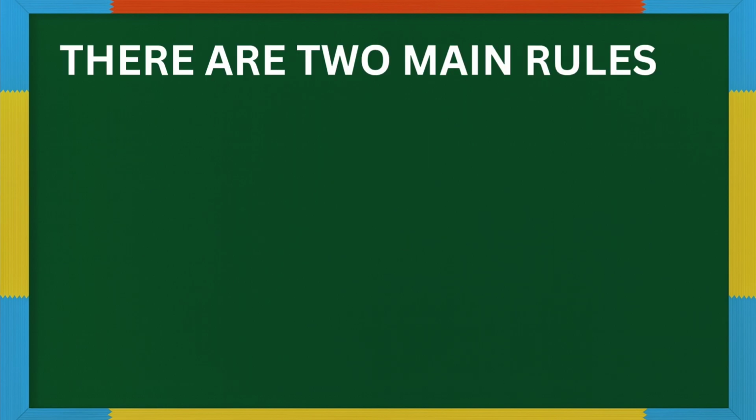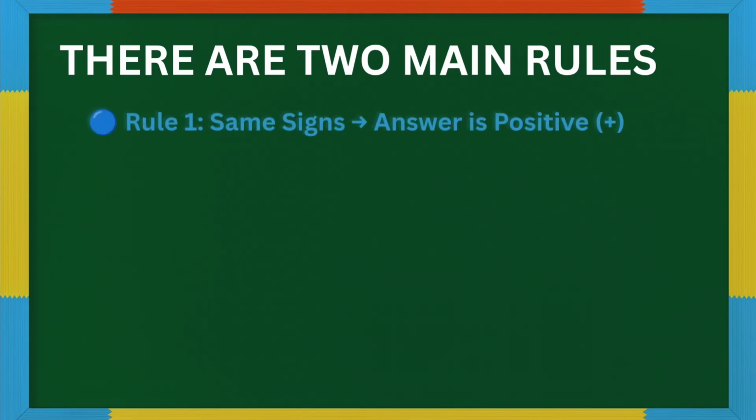There are two main rules for multiplication and division. Rule number 1. When the signs are same, the answer is always positive. There are two rules for multiplication, two rules for division. Let's go with multiplication. Rule number 1. When you multiply a positive number with another positive number, the answer is always positive.